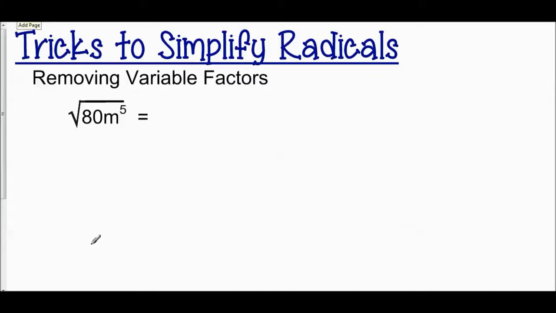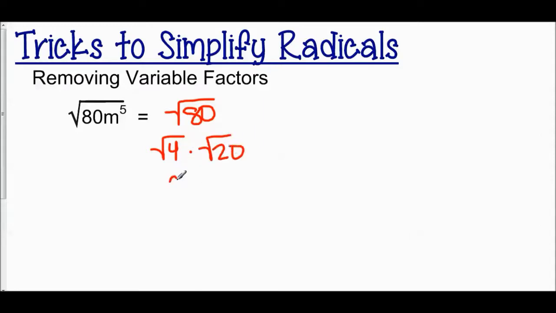Another one is removing variable factors. So I also need to simplify down this square root of 80 here, but I can also simplify down the m to the 5th there. So let's start with the square root of 80. Square root of 80, I can break that down, I could have the square root of 4. I know that's in there, and that would be times the square root of 20.